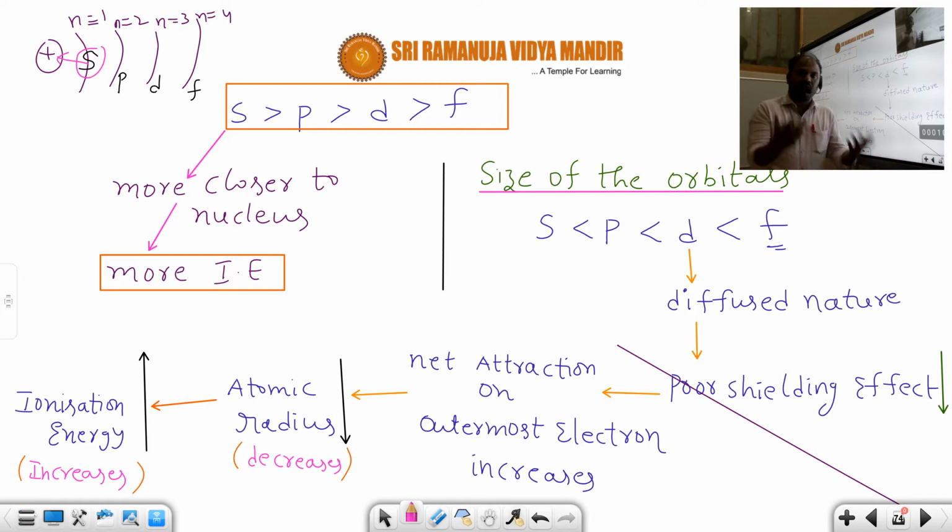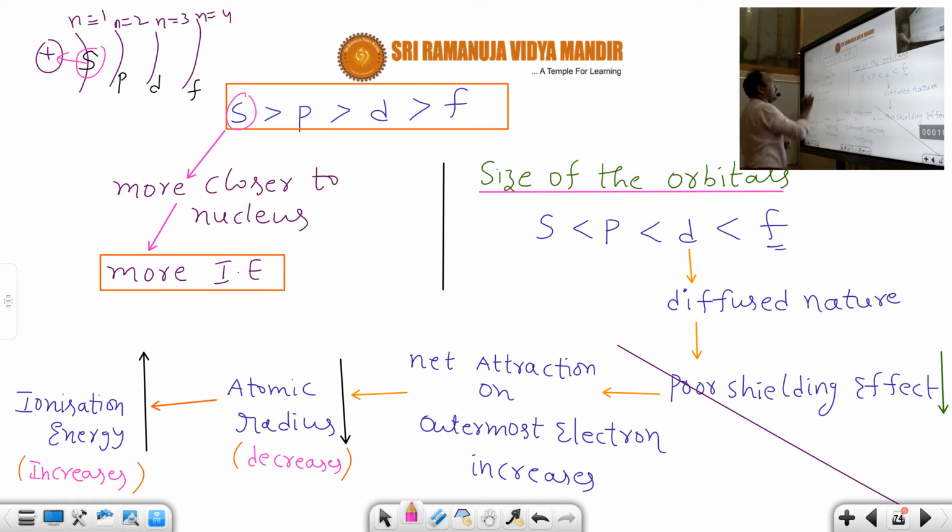We know that whenever an electron is tightly bound, removing it is difficult. So we must give more energy to remove that electron, because ionization energy means the energy required to remove that electron. Here the energy needed is very high. That's why ionization energy is very high in the case of which one? The s orbital.